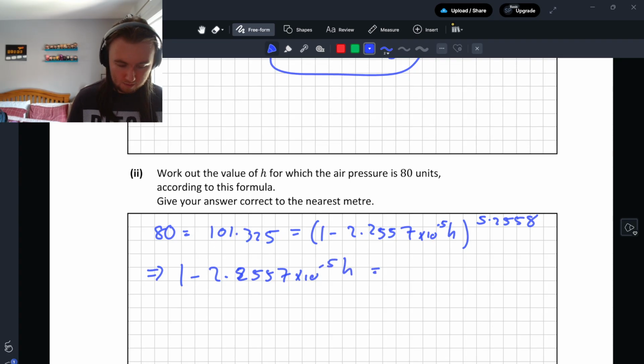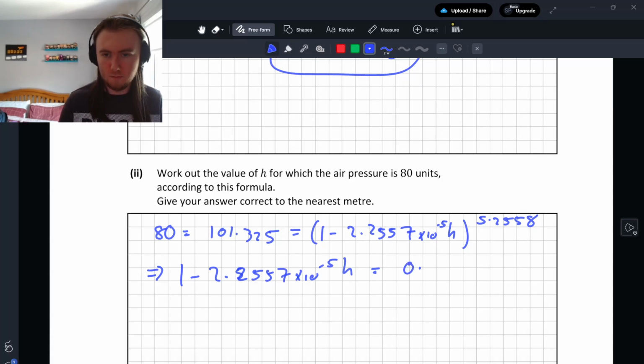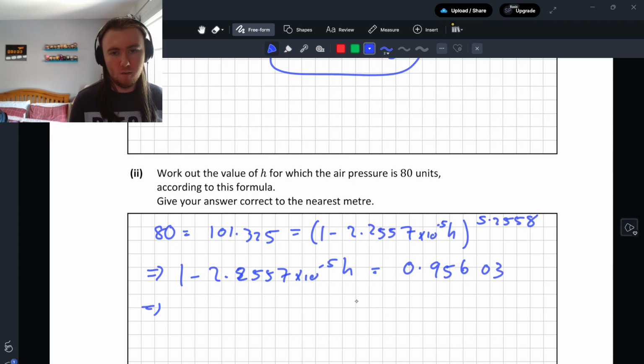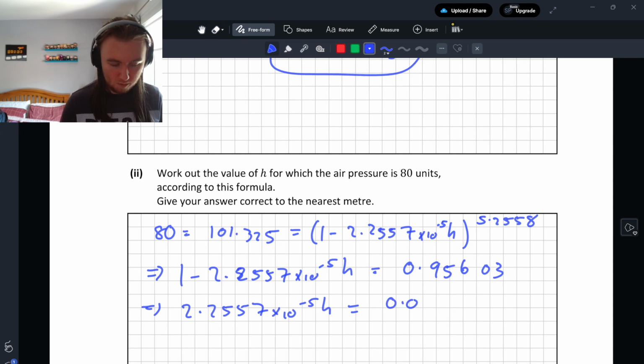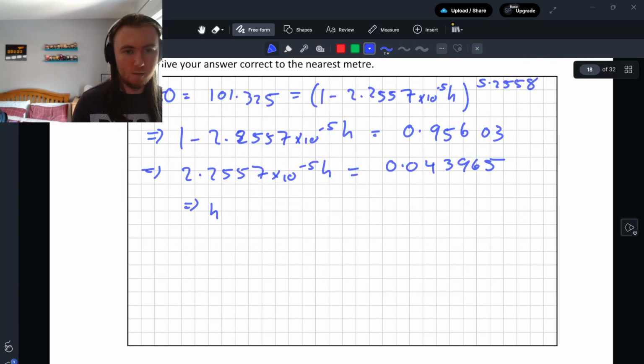Now that's equal to 80 over 101.325, and then answer to the power of 1 over 5.2558, 0.956 03. So 2.2557 times 10 to the minus 5h is just 1 minus this, 0.043965, and then divide that by 2.2557 times 10 to the minus 5, and you get the new h value as 1949.